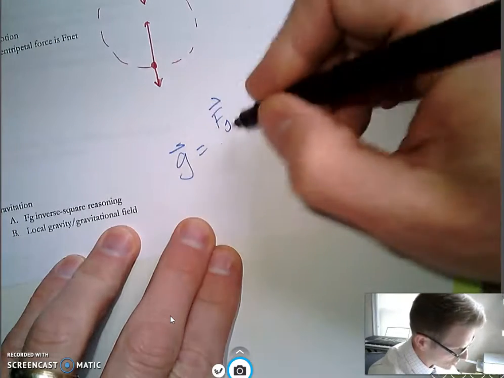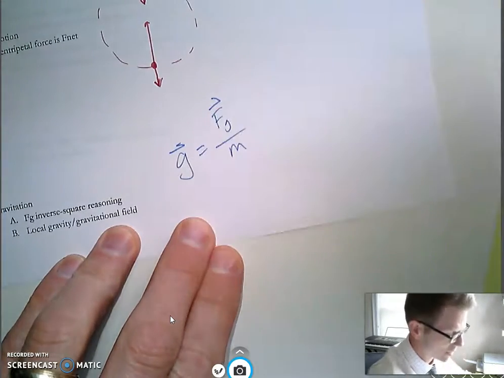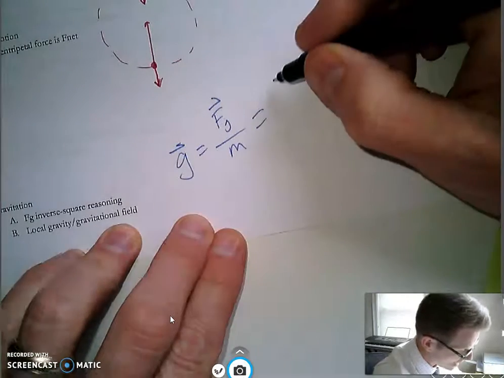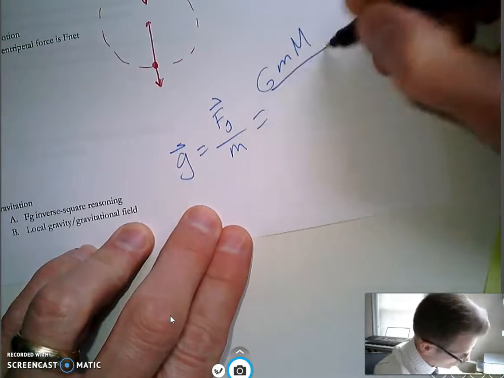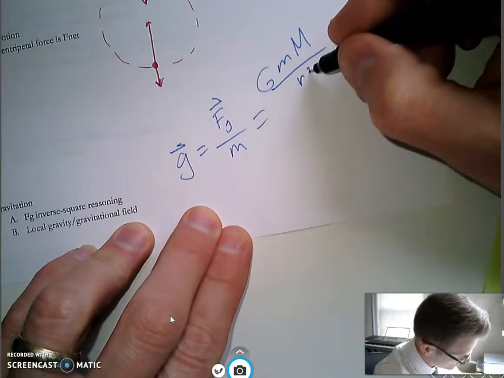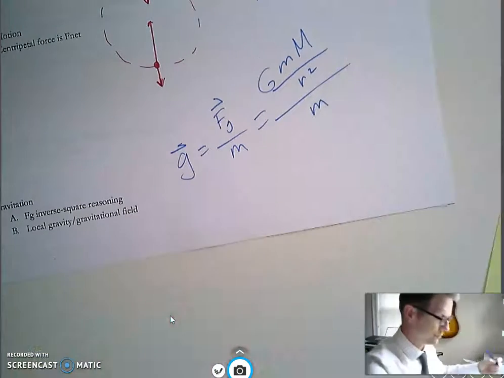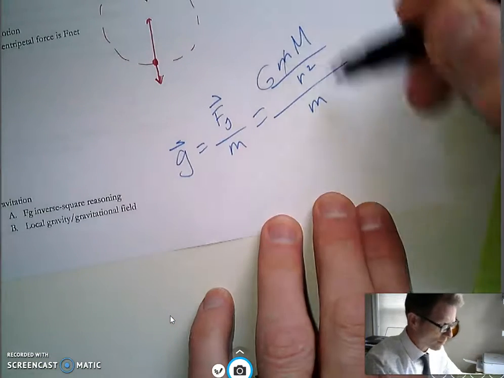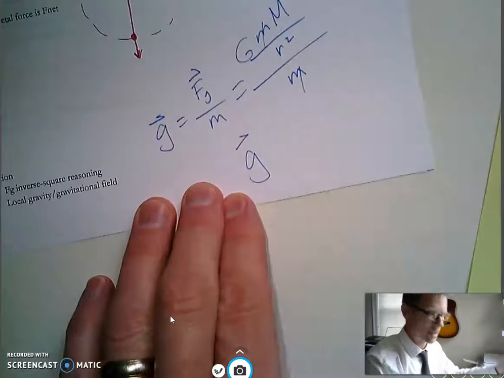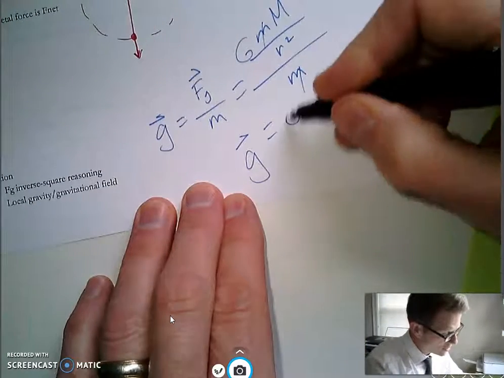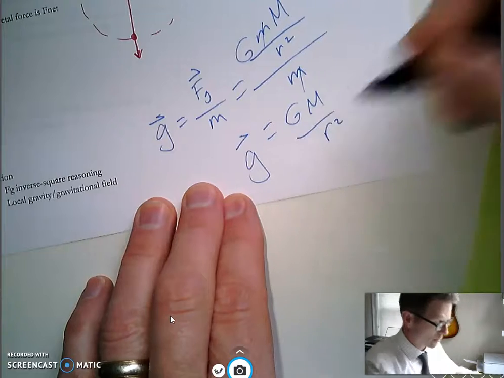That's gravitational field or acceleration due to gravity. And if I just write the expression G M m over r squared, all divided by m, I did a capital M to represent the planet, you see how the gravitational acceleration on a planet is G M over r squared.